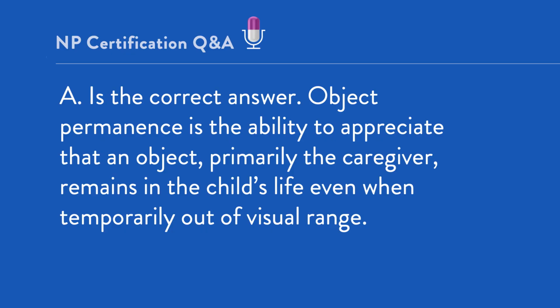Object permanence is the ability to appreciate that an object, and in psych terms, the object is the parent or the primary caregiver, remains in the child's life even when temporarily out of visual range.